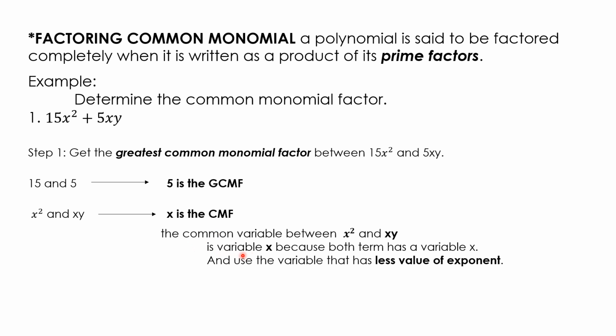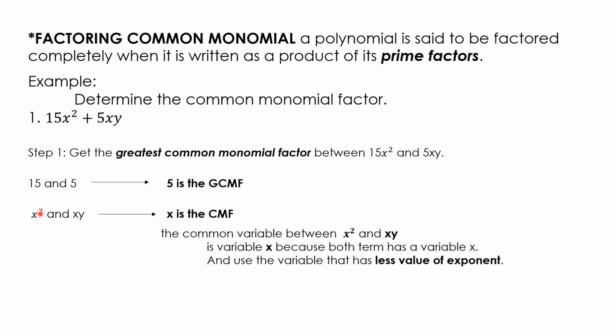The common variable between x squared and xy is the variable x because both terms have a variable x. So try to look at x squared and xy again. Both terms have x as a variable, and we use the variable that has the lesser value of exponent.